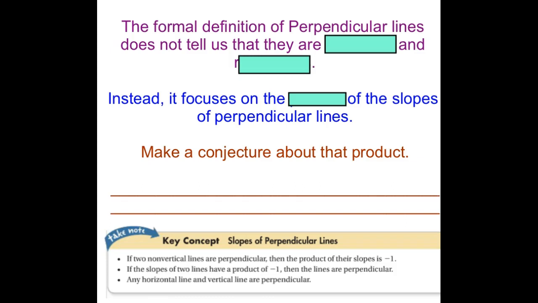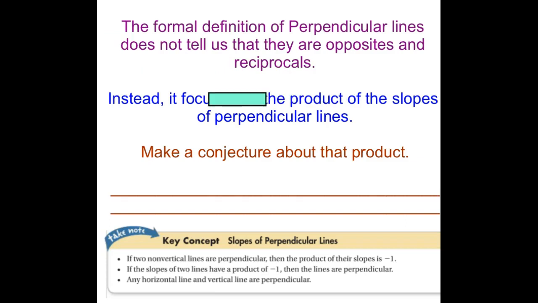The formal definition of perpendicular lines does not tell us that they are opposite reciprocal slopes. Instead, it focuses on the product of the slopes of perpendicular lines. So I'm going to give you a few examples of some perpendicular line slope pairs, and then give you a second to make a conjecture about them. One example could be 1/2 and -2.